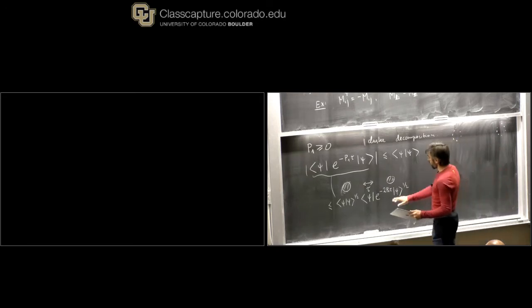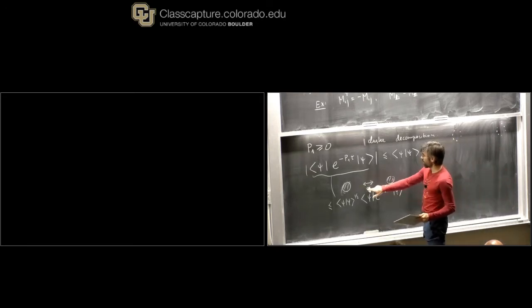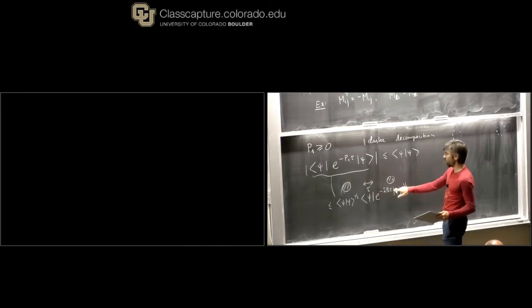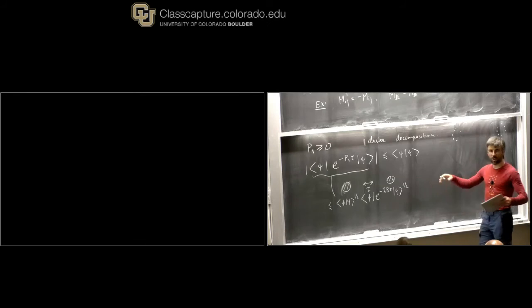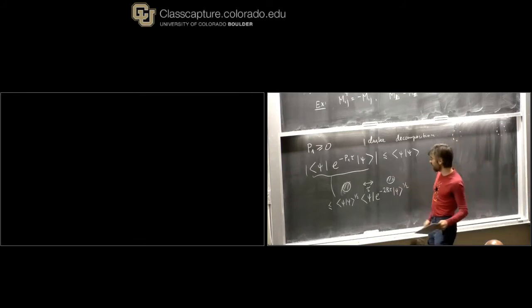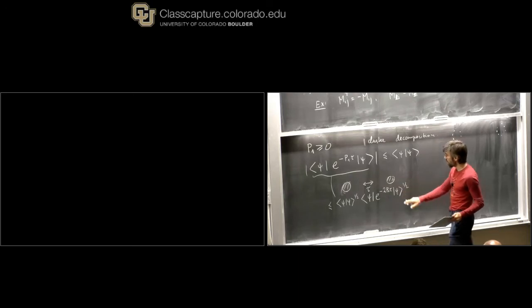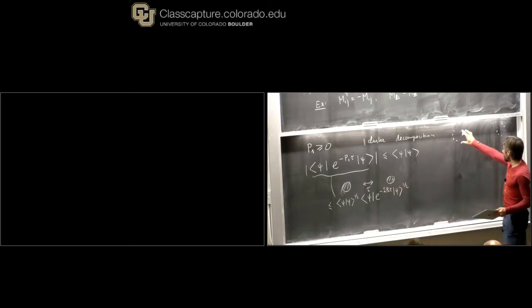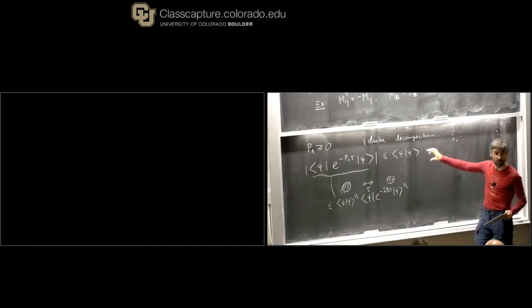And then you keep going. We had this shift by tau, now we reduce to a shift by 2 tau, then you keep increasing the shift, and in the limit when the shift goes to infinity, you use the cluster decomposition to show that the correlation function has to factorize.